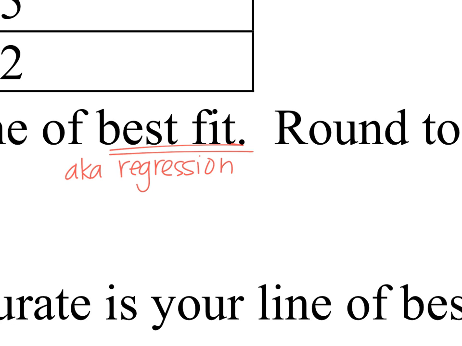Okay, when you're sitting in this regression equation section, alpha trace, pick Y1. All right, we are ready, as long as everybody's there, to calculate. Boom. Okay? It just calculated the trend line for you.